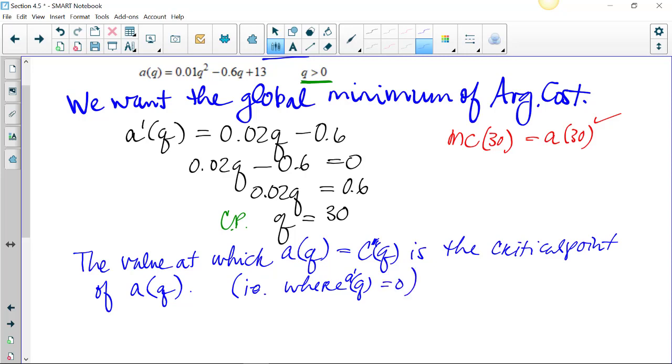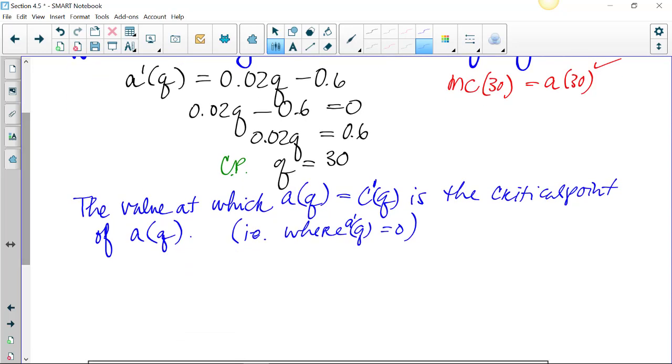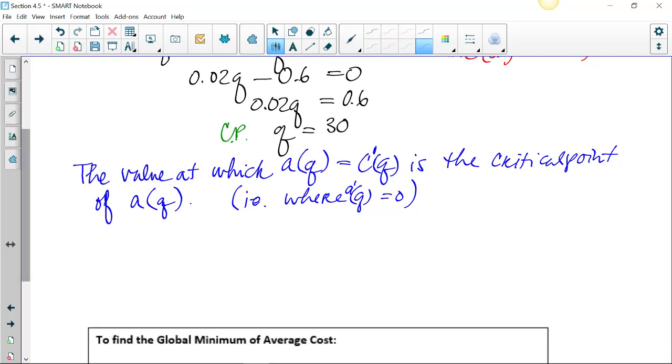Like I said, we used our derivative, set it equal to 0, found our critical point, and we get that value that we talked about making average cost equal to marginal cost. That would be a critical point of the average cost function. Okay, so we'll do our first derivative test.